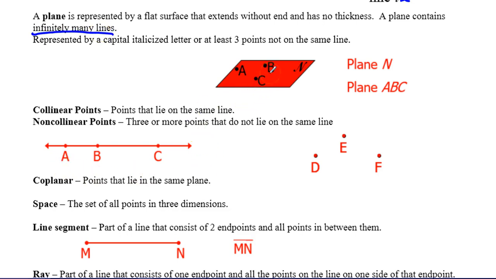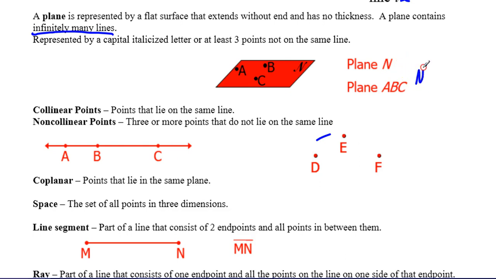We use this diagram here in red as a representation of a plane. Now, obviously, this ends, but we want in our minds to think that this continues forever. So often in class, I'll be talking about the walls or the ceiling or the floor as a representation of a plane, but we want to keep in mind that it extends.